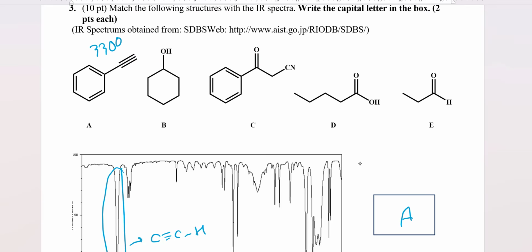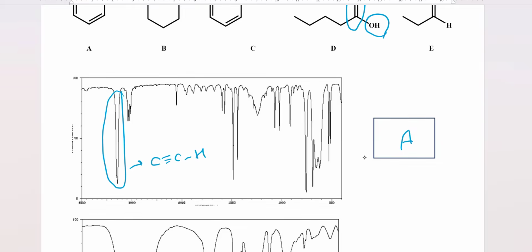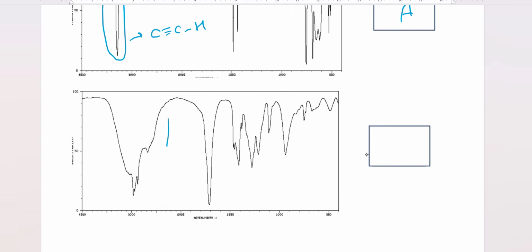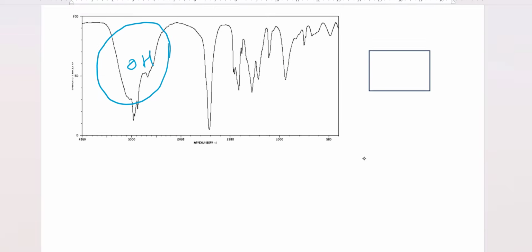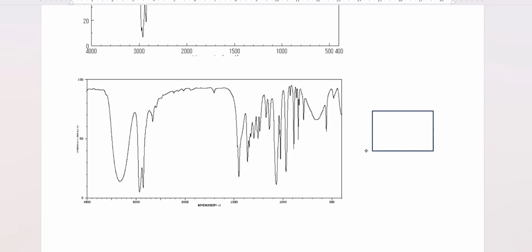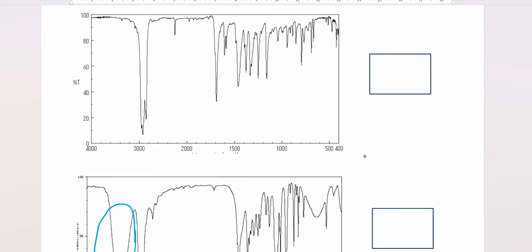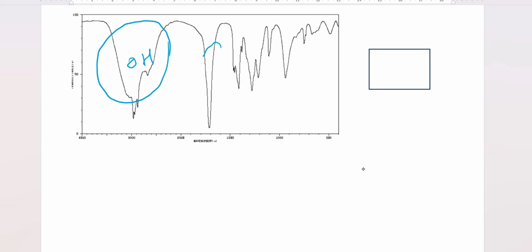We can also see two compounds that have OH, B and D. But compound D also has a carbonyl group. We can see OH here and we can also see OH here. If the OH overlaps with this CH, normally it belongs to a carboxylic acid. In addition to that, we should see the peak of the carbonyl group, which we can see here.